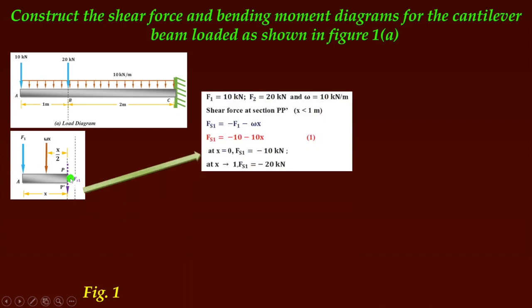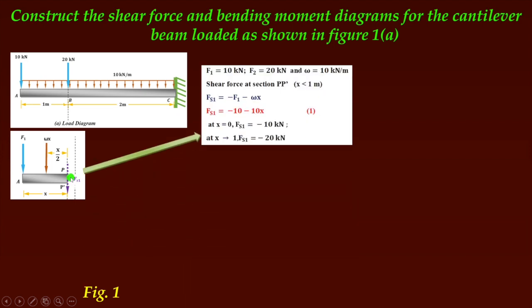Now, the shear force. Here, under the action of this force F1, this segment moves the left segment. It is the left segment of the entire beam, and this is moving down. As per the sign convention, it is the negative shear. So minus F1.